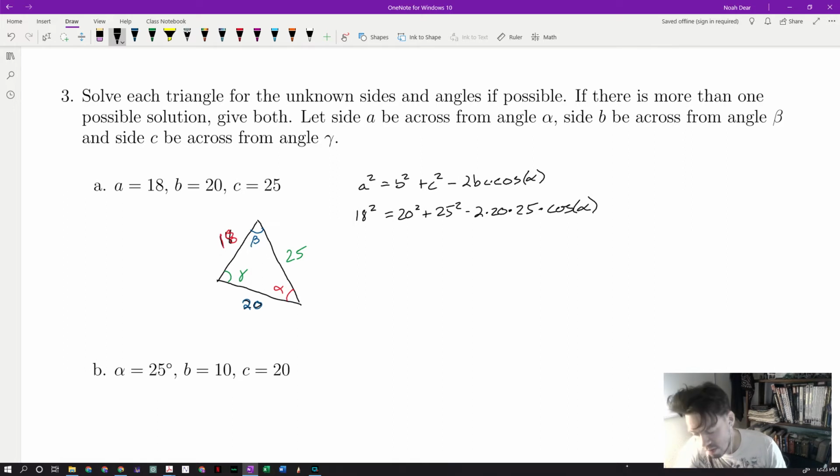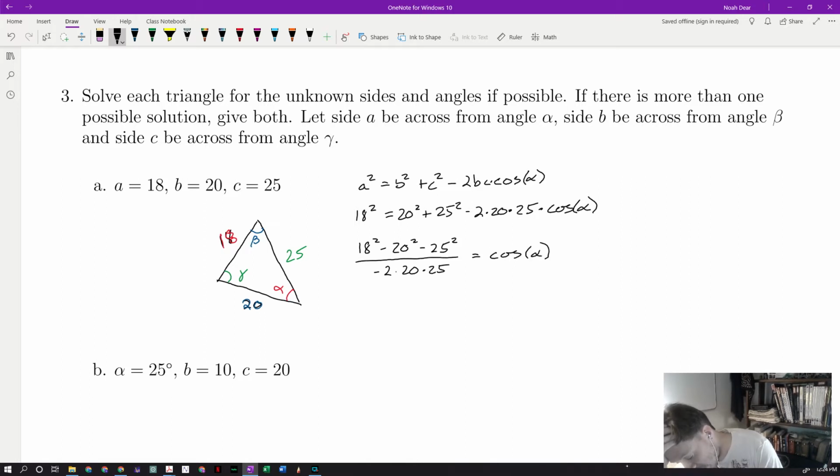I'm going to subtract the 20 squared and the 25 squared, then divide by negative 2 times 20 times 25. So I've got 18 squared minus 20 squared minus 25 squared, and then dividing by negative 2 times 20 times 25. That all equals cosine of alpha.